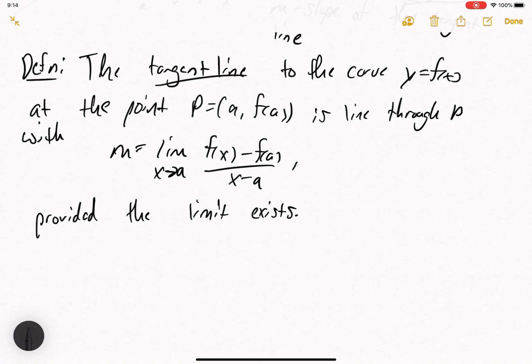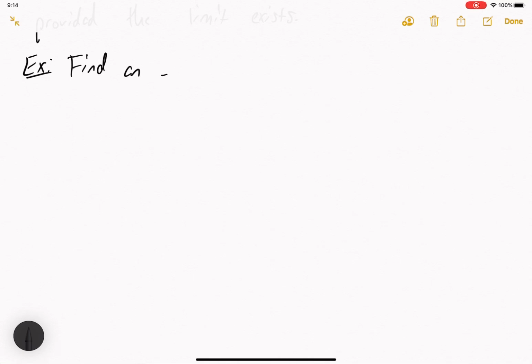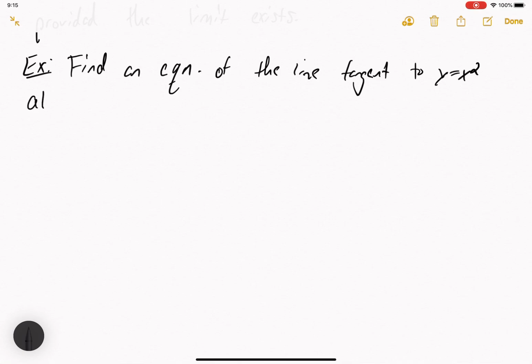But let's do an example then. Let's try to find a tangent line. Let's find an equation of the line tangent to y is equal to x squared at the point (2, 4).